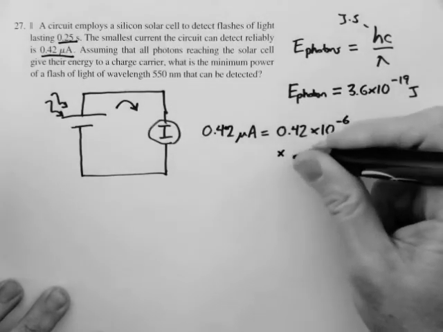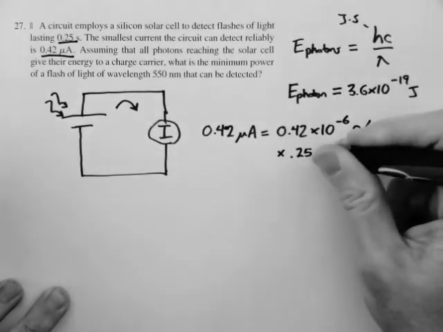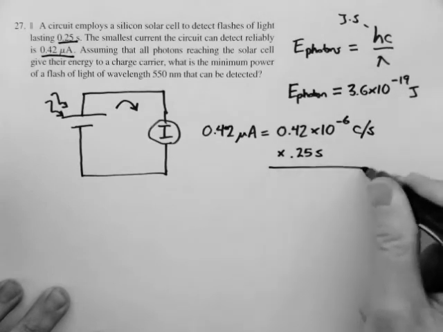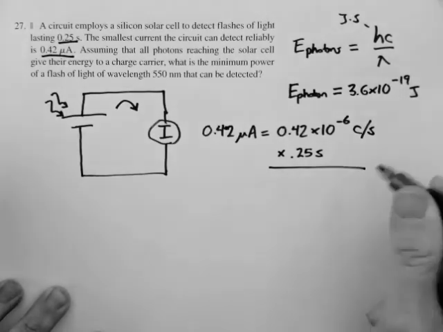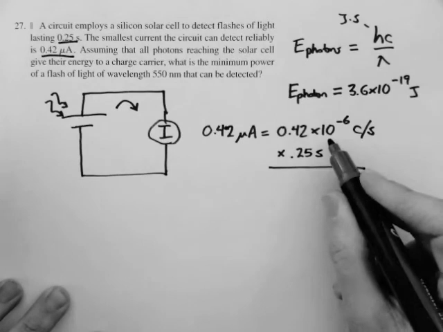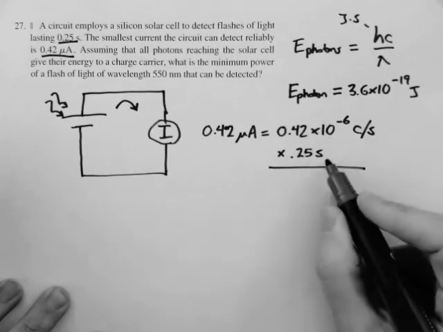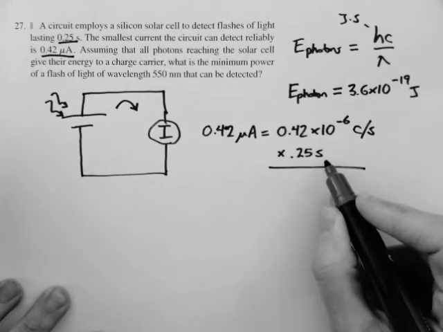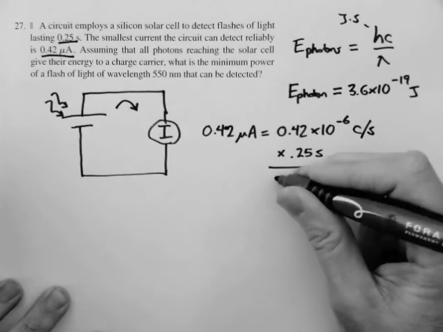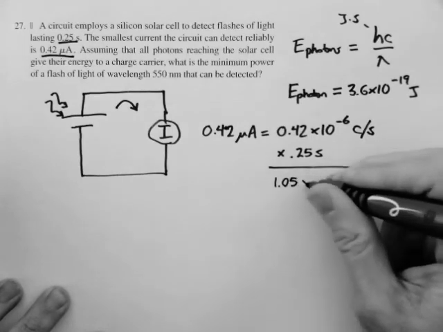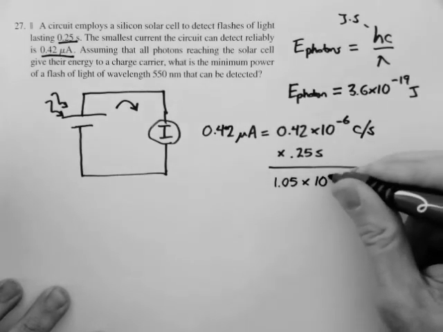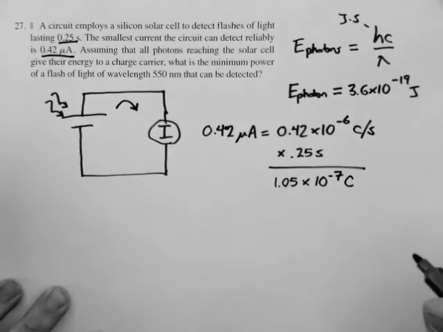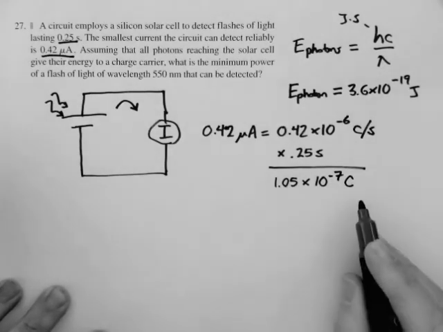So I'm going to multiply this by 0.25 seconds. And that is going to give me the charge that flows. So 0.42 times 10 to the minus 6 coulombs per second times 0.25 seconds, that tells me the total amount of charge that flows is 1.05 times 10 to the minus 7th coulombs. Okay? That's how much charge flows in one of these pulses of light.